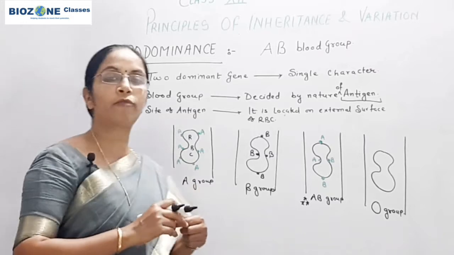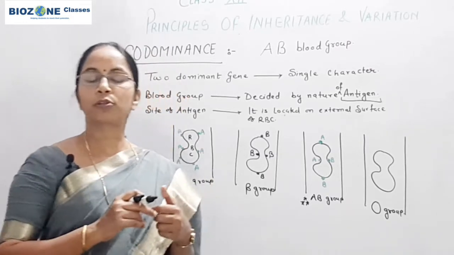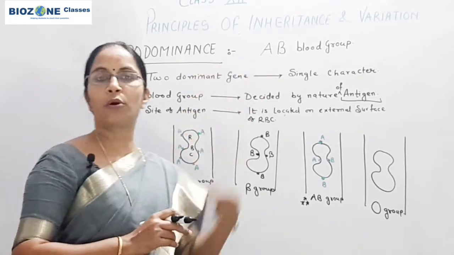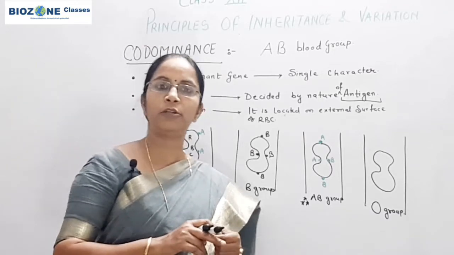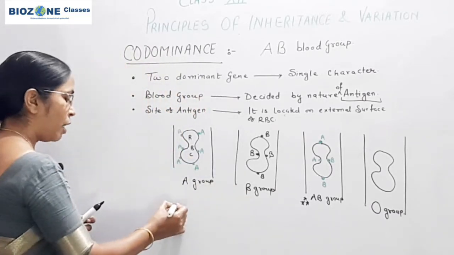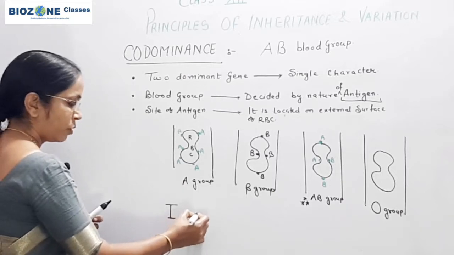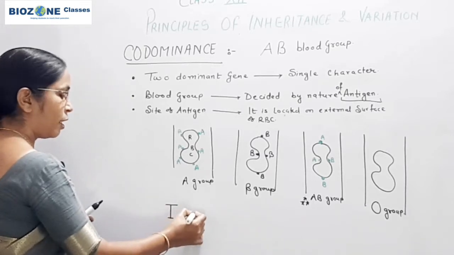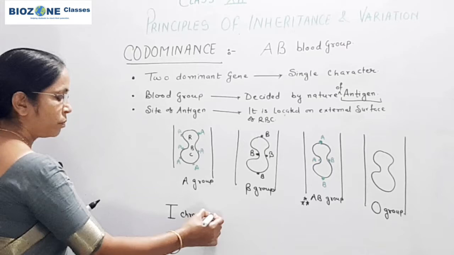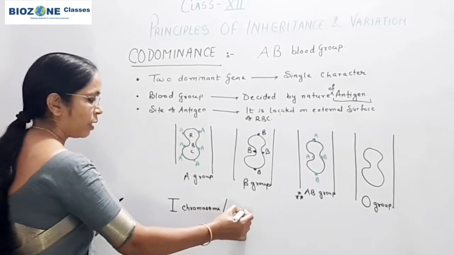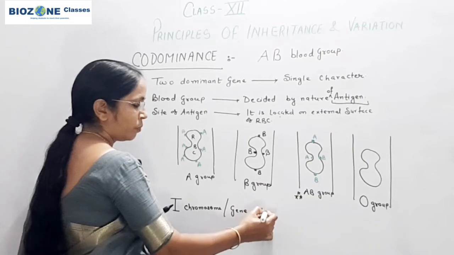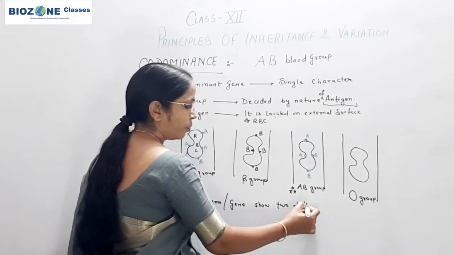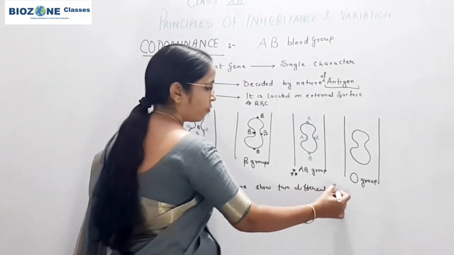Now which chromosome or gene is responsible for the production of this antigen? In codominance we study the nature of the dominant gene. According to NCERT, the I gene shows different forms.